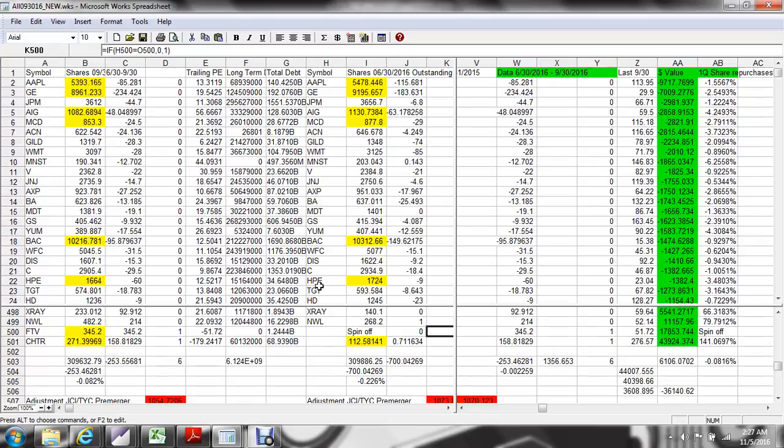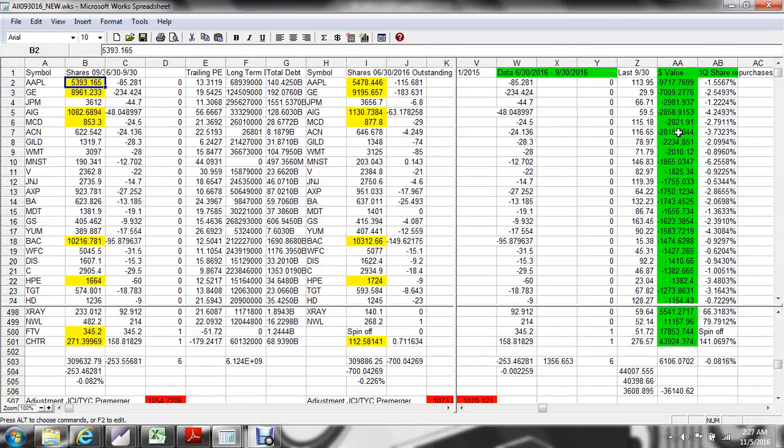Now, the numbers in yellow are actually off their earnings reports. I didn't do all of them. Some of them I took from the internet, and some of them I double-checked directly off their earnings report, so the numbers in yellow are the numbers that were reported.